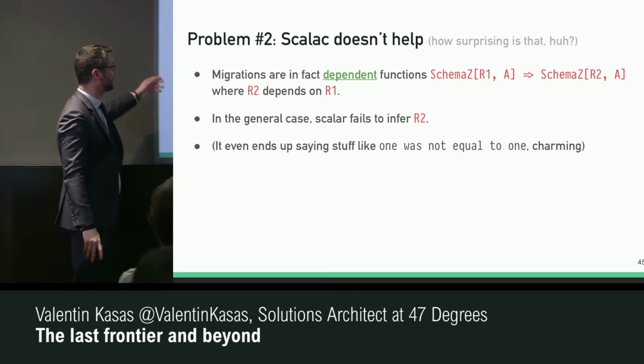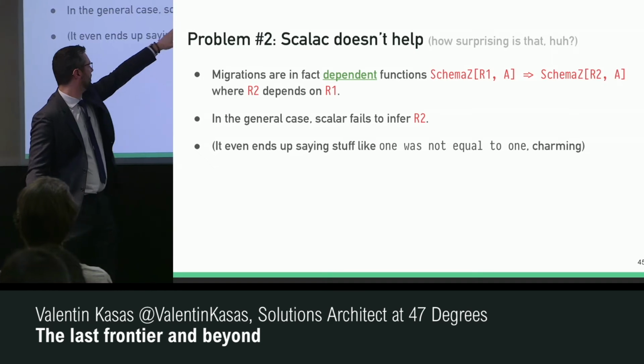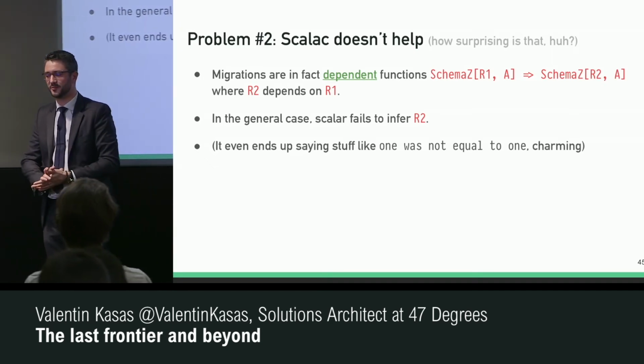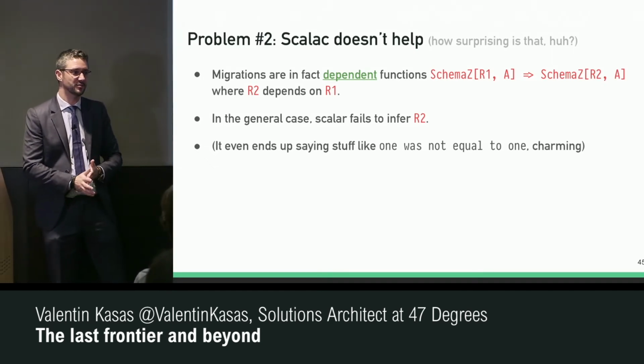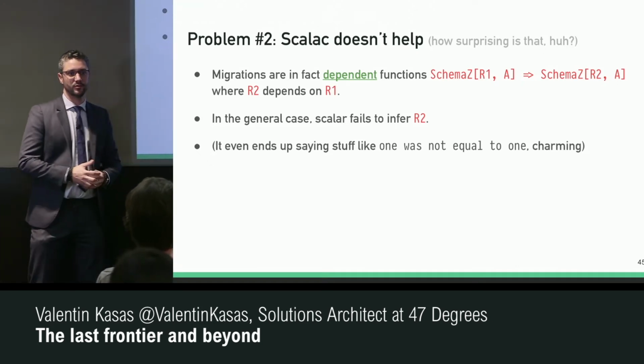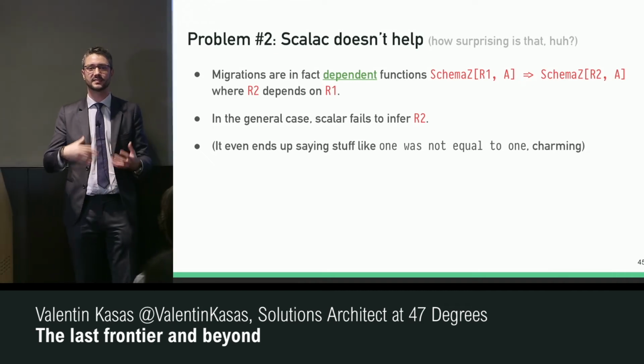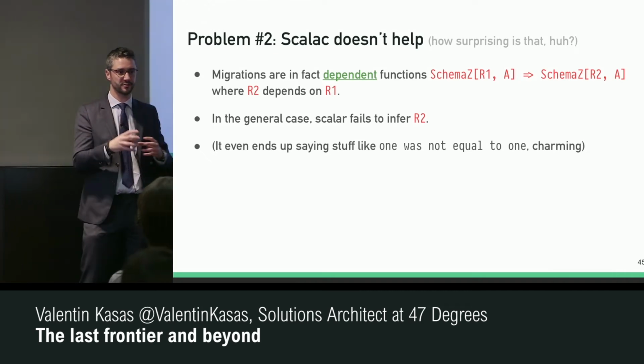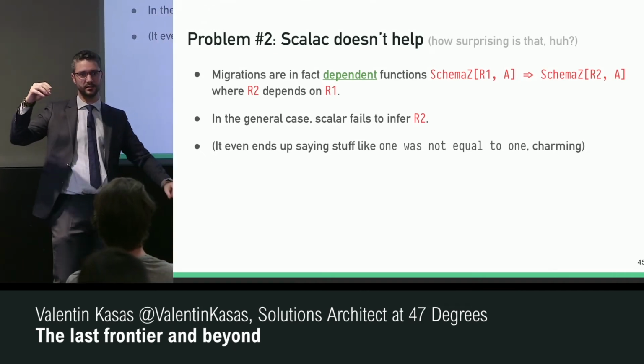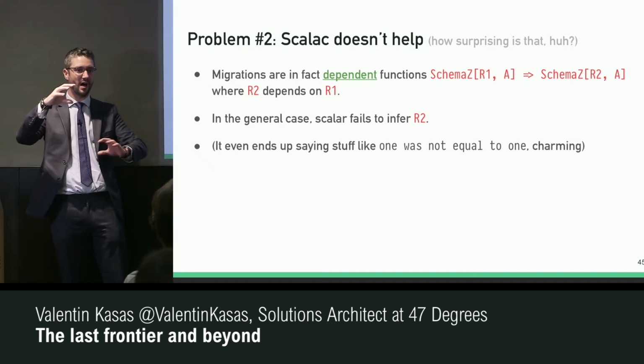And in the general case, no, it's not Scala, it's Scalac. It fails to infer the R2 type. You cannot basically ask Scalac to verify migrations at arbitrarily deeply nested paths in your schema.